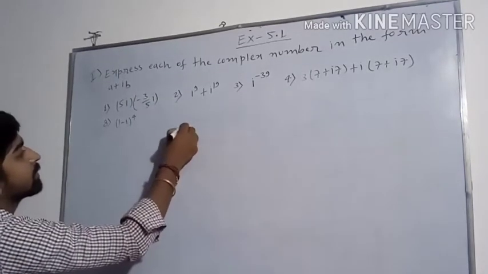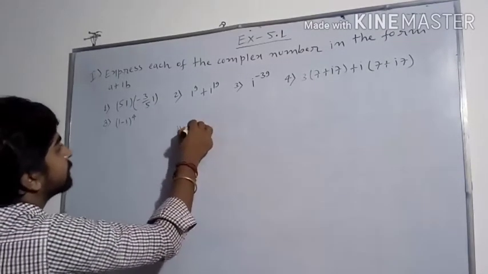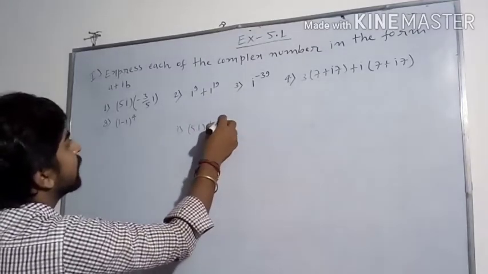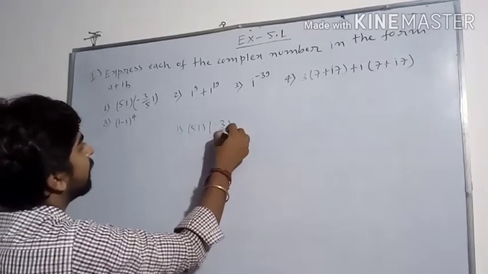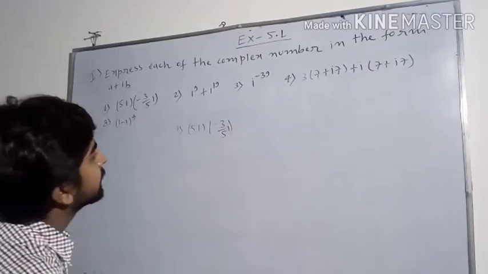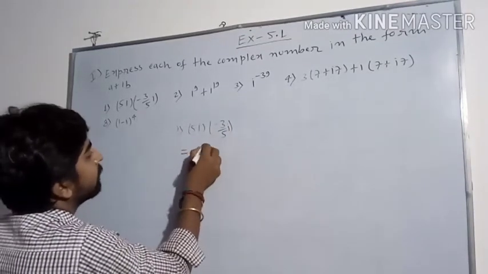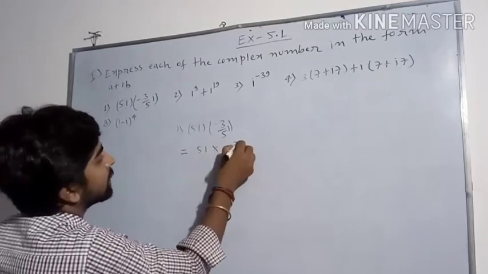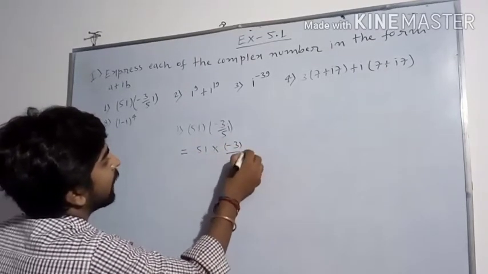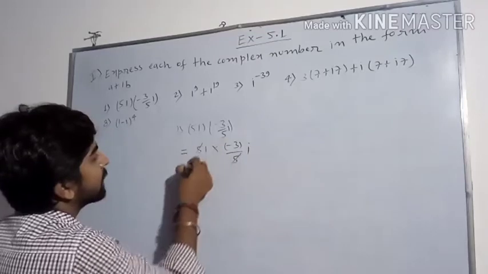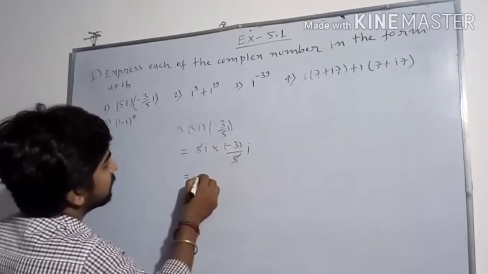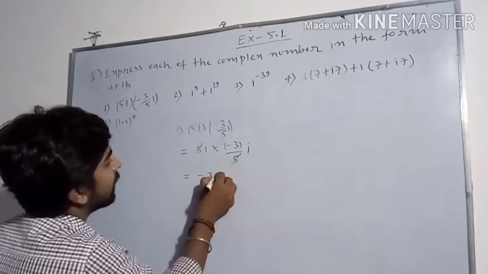First question is 5i into minus 3 by 5i. Students, we can write 5i into minus 3 upon 5i. 5 and 5 will be cancelled out, and this will be minus 3 into i square.